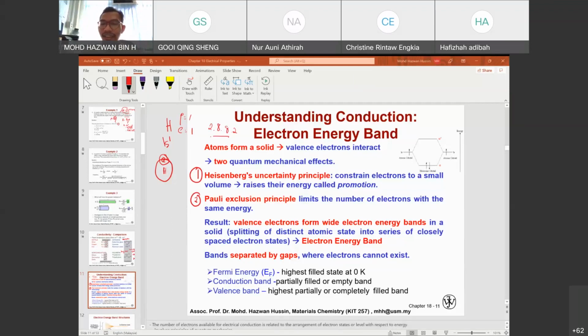And other than that, what would be the higher orbitals that we can have apart from s and p? Izzat Nazri, are you there, Izzat? Okay, Mardiana Zubir, are you there?